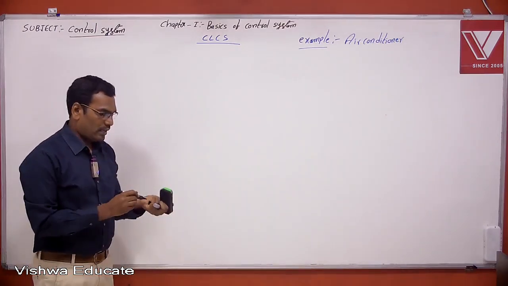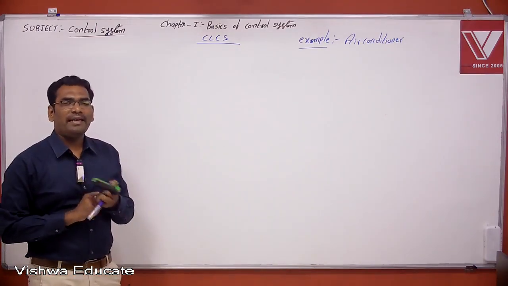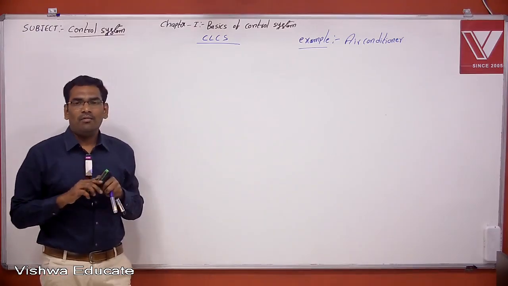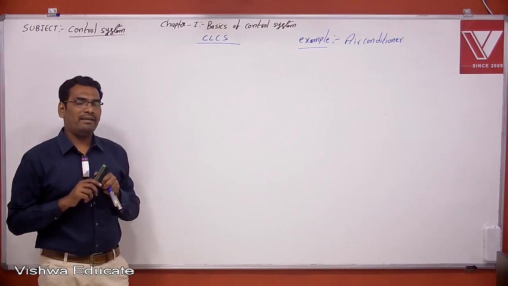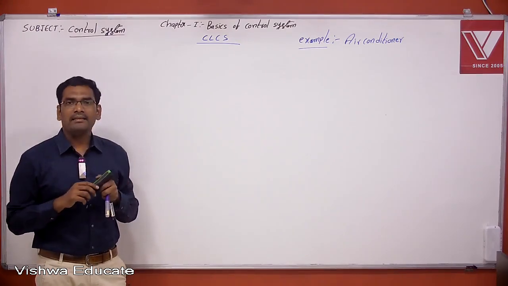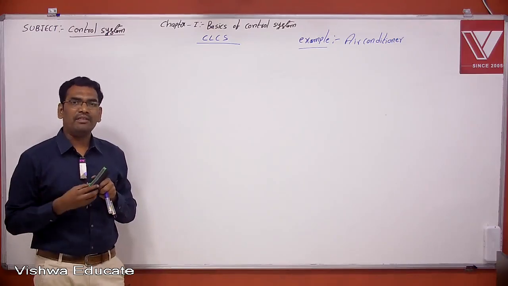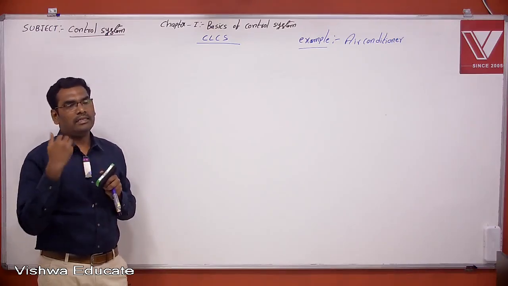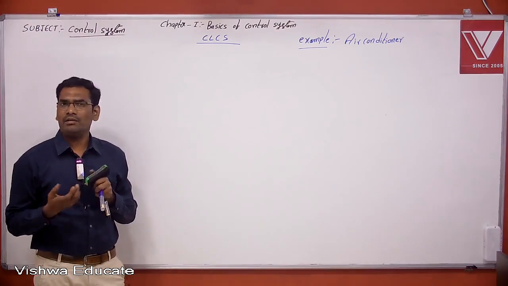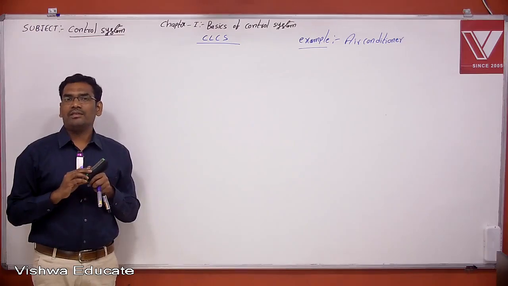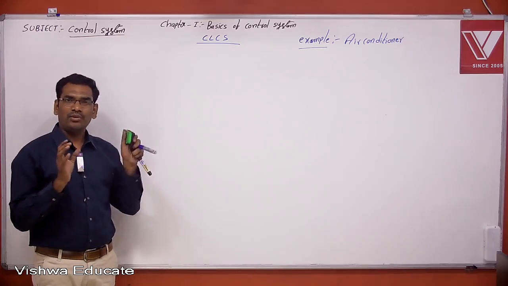Tell me, while proper operating of the air conditioner, what is your role? You are saying, sir, I am spending 50,000 rupees and I just purchased a new air conditioner. Then you install the air conditioner. Then you give the supply.